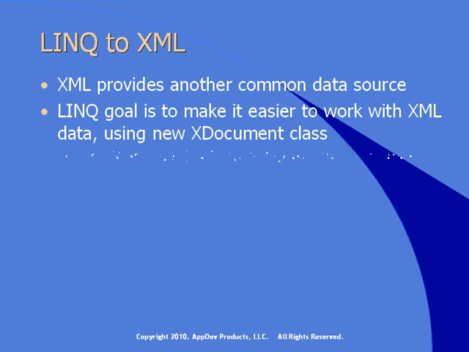The XDocument class and its friends, XElement, XAttribute, XComment, and so on, make life way easier when working with XML content, especially when you create XML content. In addition, these classes, XDocument, XElement, and so on, are the classes you'll receive when you use LINQ to query XML data. The LINQ query will hand back to you a collection of X elements or X attributes or whatever.